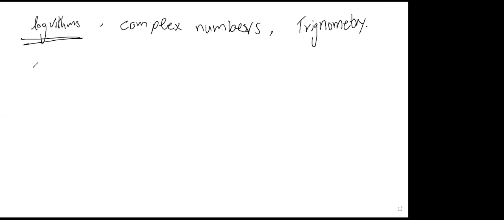A logarithm, basically, if you're familiar with exponents, let's say we have the number 2 to the power 3, the answer would be 8, because 2 times 2 times 2 gives us 8. The logarithm does the opposite of that, right? So the logarithm is the inverse of the powers, of the exponents.